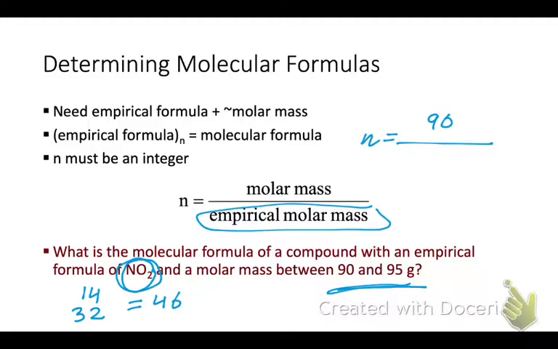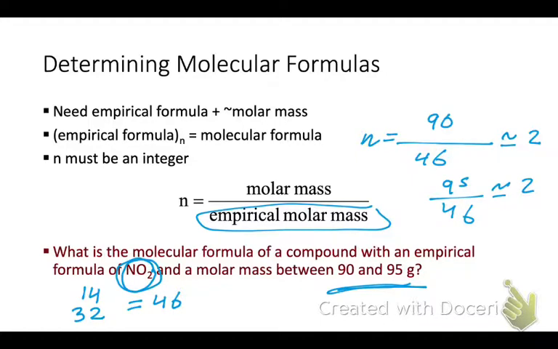So now if you divide 90 over 46, that will be 1.956 in your calculator, so you are going to say almost 2. If you use 95 divided by 46, your calculator will tell you that is 2.07, which you will say it's almost 2. So this is why it didn't really matter.